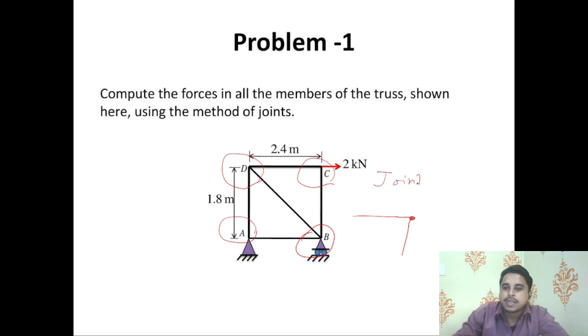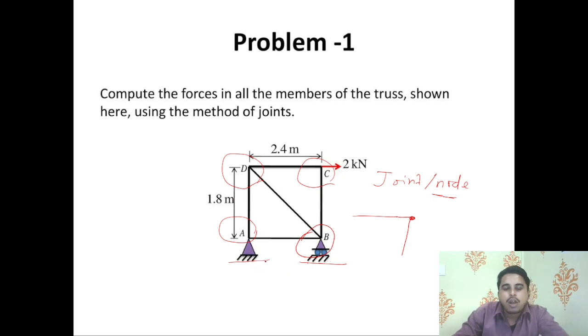A joint or node cannot be formed by using one single member. There must be two members joining at a single point, that is called a joint or node. What we can see here, there is a support system. Here you can see a roller support and there is a hinge support.